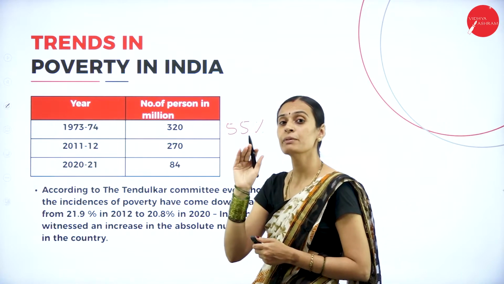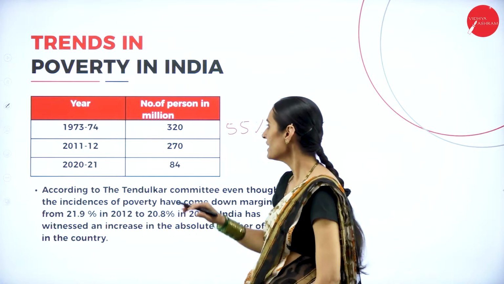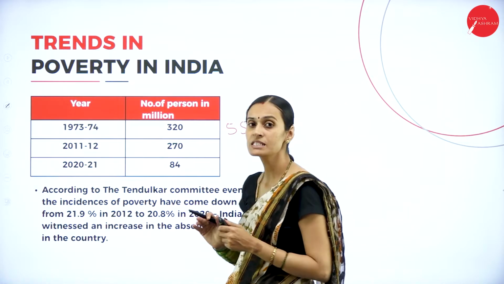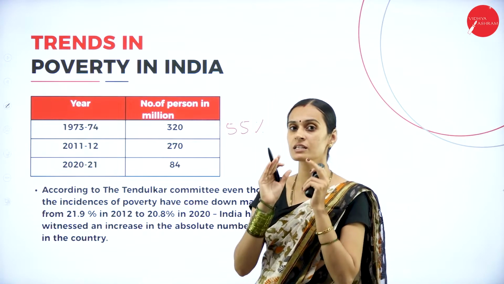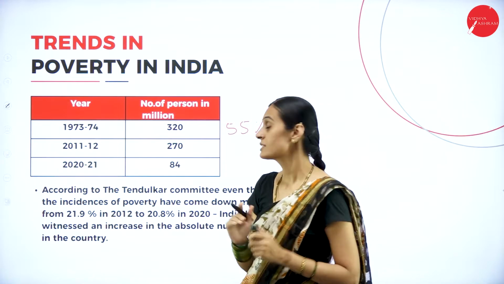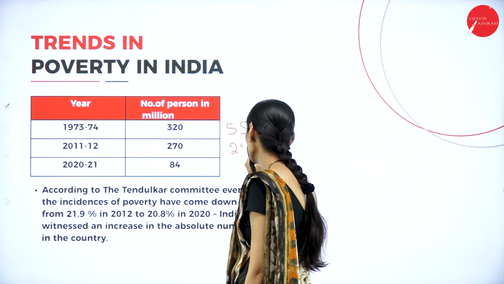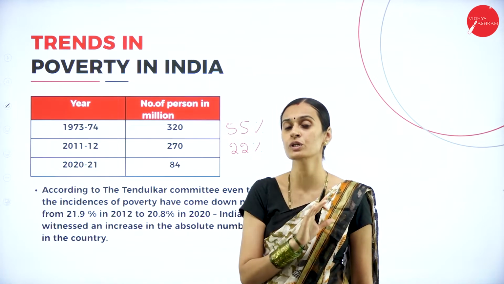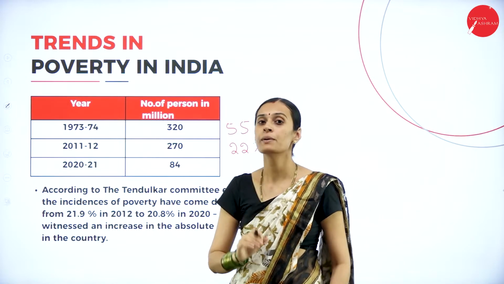In 2011-12, there were 270 million persons below the poverty line, approximately 22% of the total population.